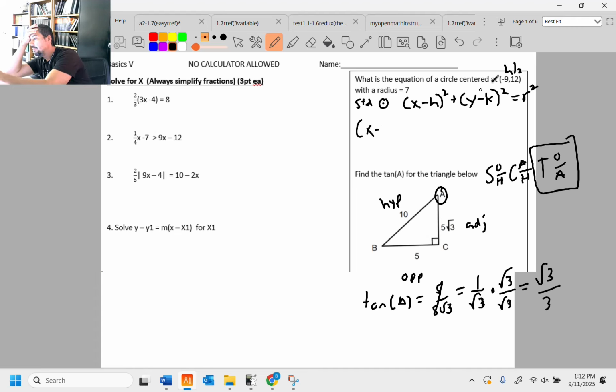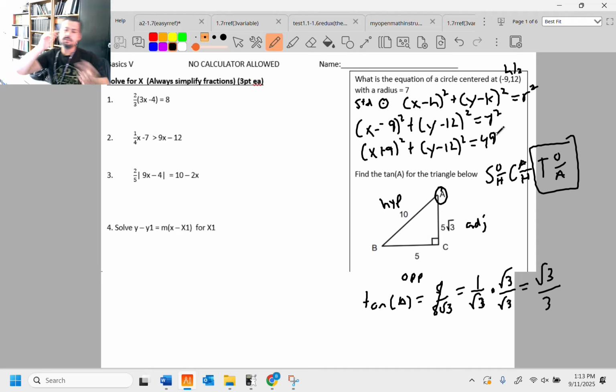You're going to take away the h thing, so take away a negative 9 quantity squared. You're going to take away 12 there, and here you're going to have to square the 7. So we have x plus 9 quantity squared plus y minus 12 quantity squared, and that'd be 49. So easy.